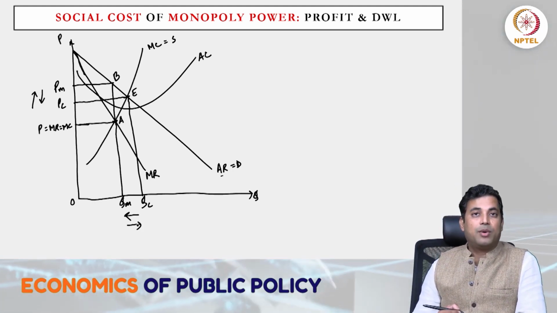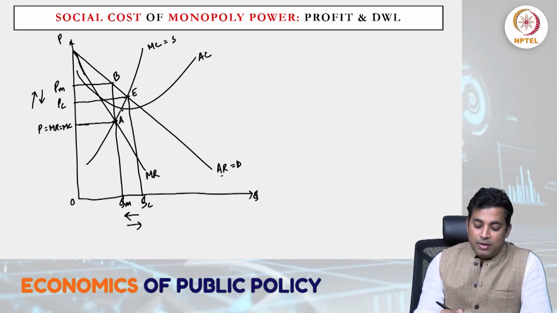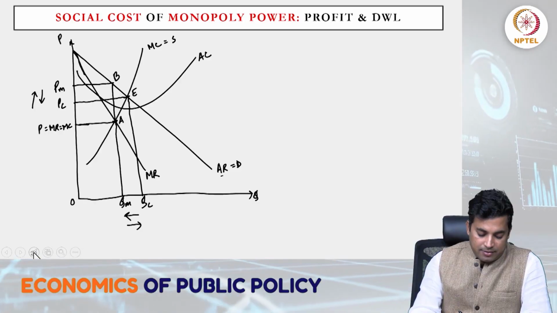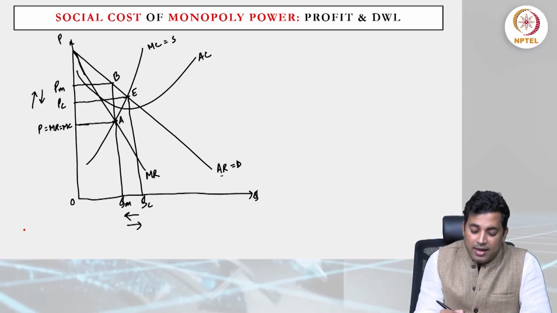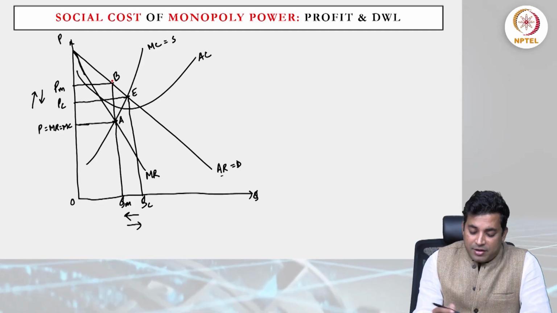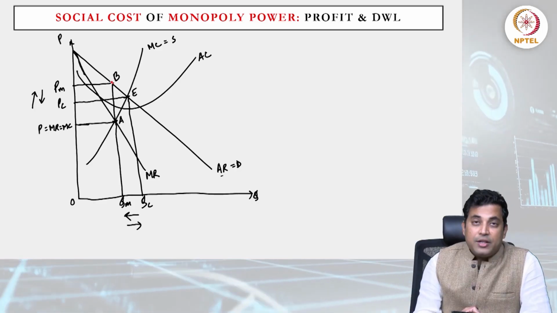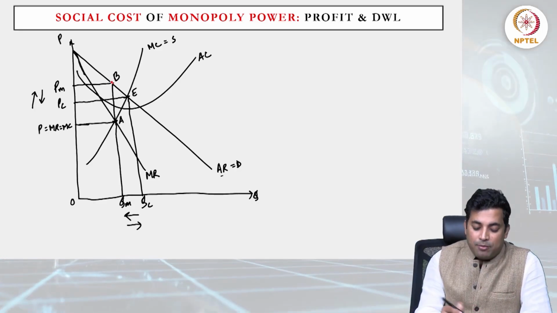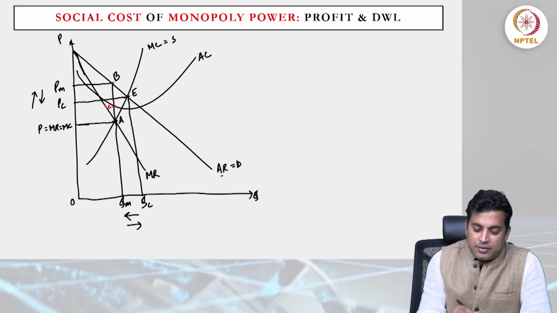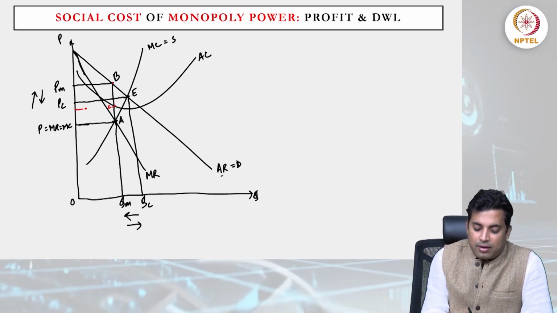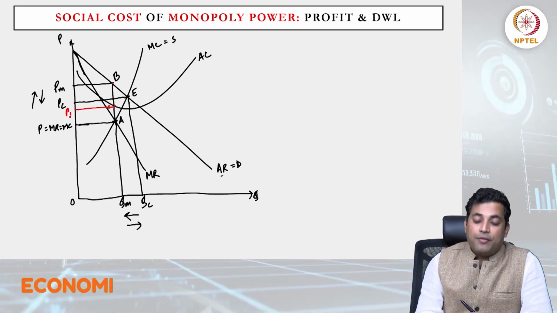Now let us see what the profit under monopoly is. We can take a different color here just to highlight. Average revenue is here at point B, and average cost under monopoly is at point C, and across this point we get P1.